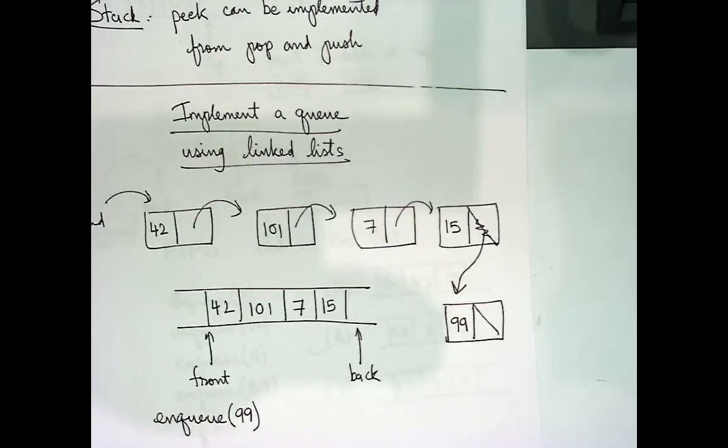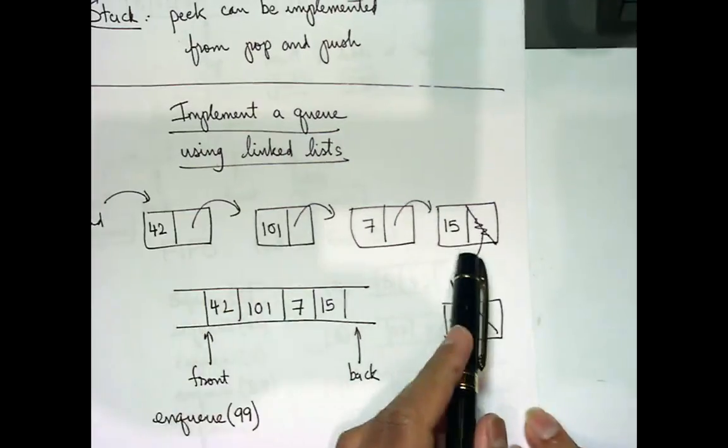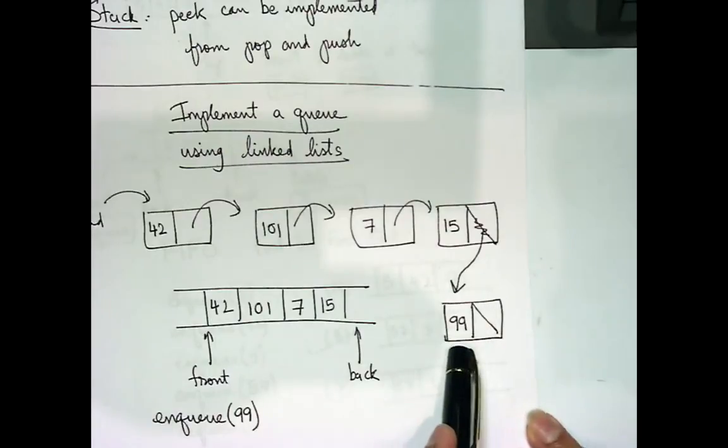Do you need a tail pointer? You don't necessarily need it. If you didn't care about efficiency, you could keep going through the linked list and then finally add at the end. But you're right that to make it efficient, it helps to have a tail pointer.